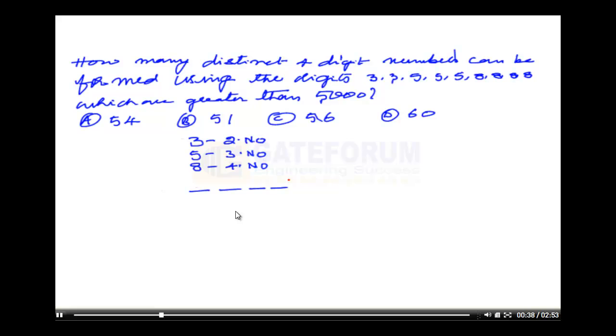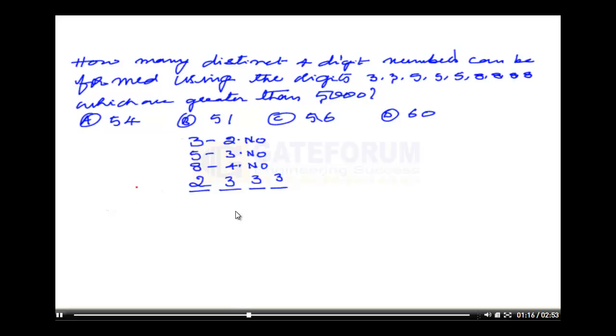The number must be greater than 5000, so the digit in the thousands place cannot be 3. It should be either 5 or 8, that is 2 ways. Again, in the hundreds place, any of 3, 5 or 8 can be written, that is 3 ways. Again in the tens place in 3 ways, and in the unit place either 3, 5 or 8, that means 3 ways.